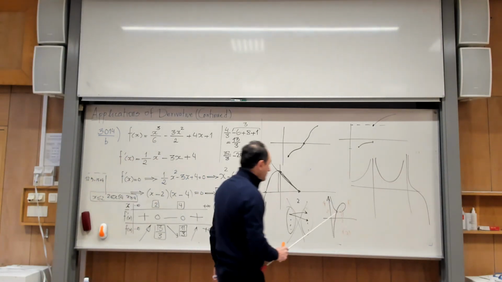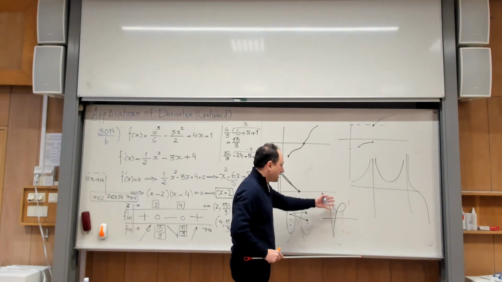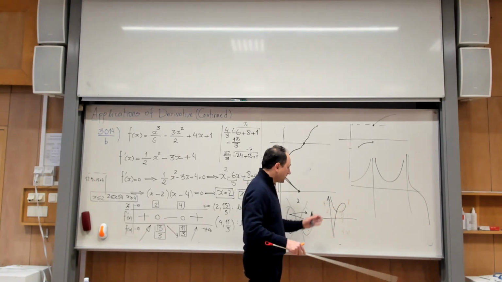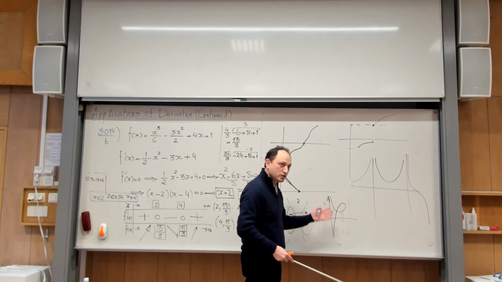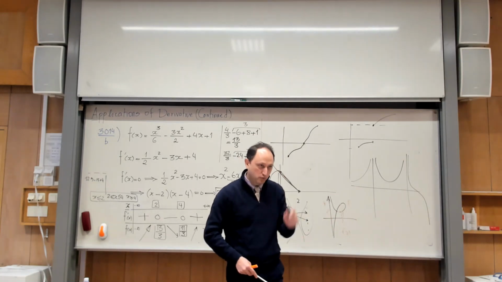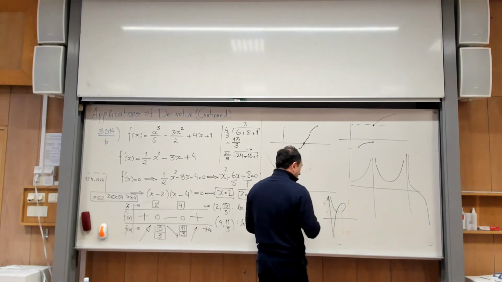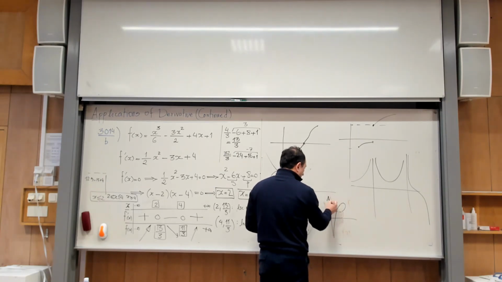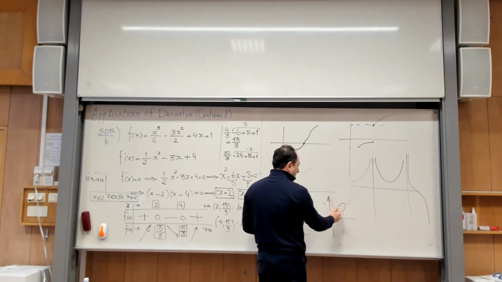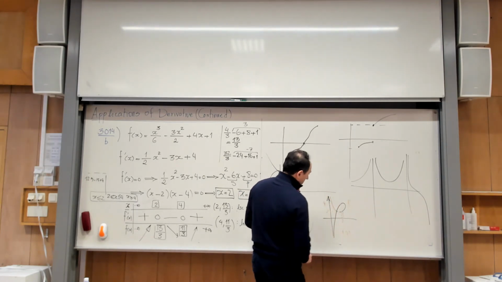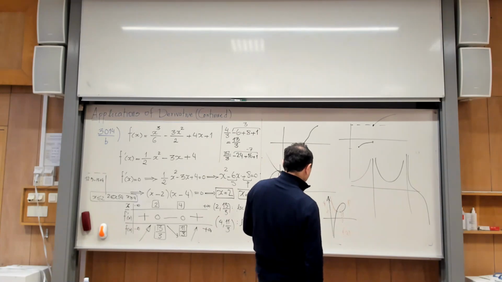But of course, if you want to understand the behavior of that, you can cut it so that it becomes a composition of different parts, with each part a function. For example, you can concentrate on this part, which is a function.